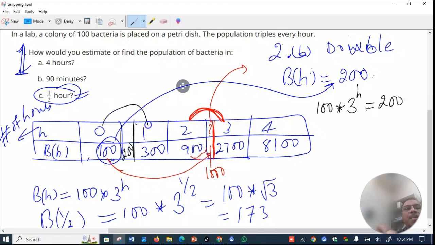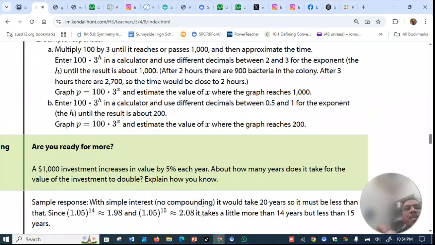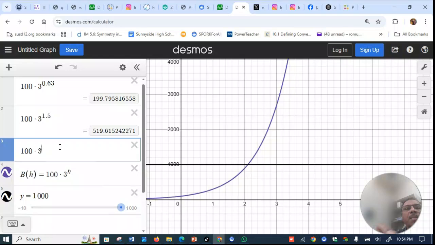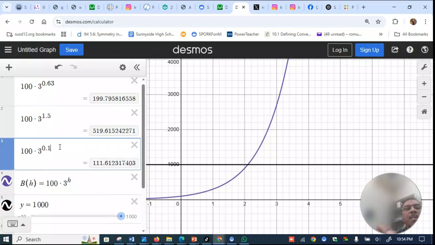So that means the number of hours is between 0 and 1. So we'll have to put 0.1, 0.2, 0.3 and check when this is going to be 200, and you can use the same Desmos calculator here.